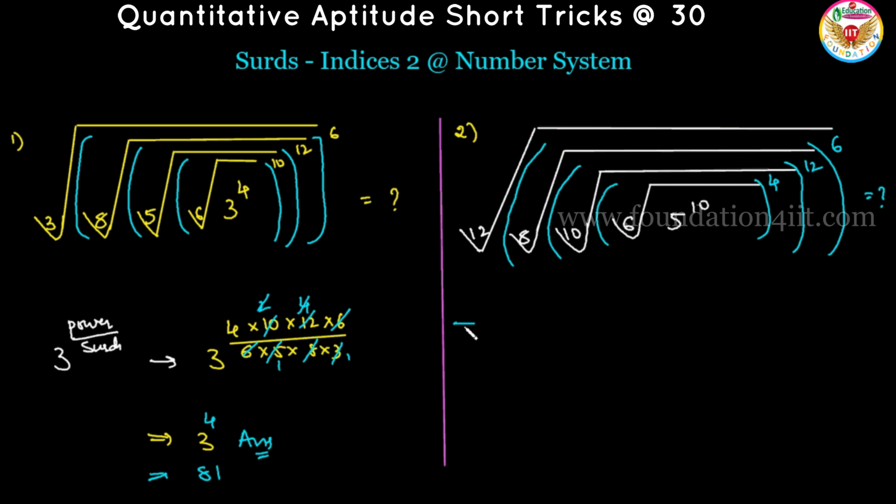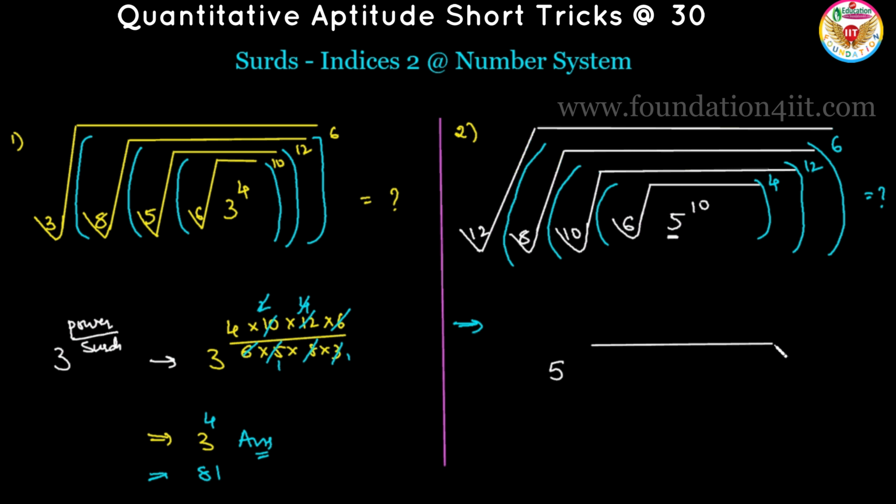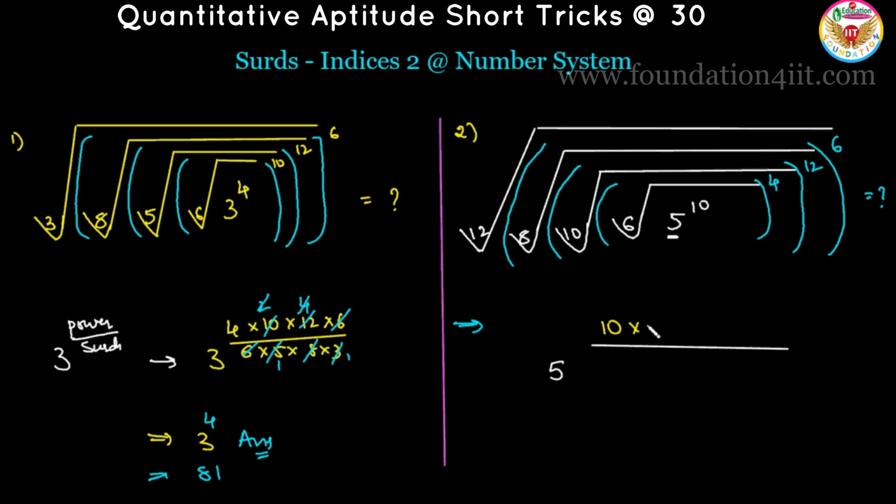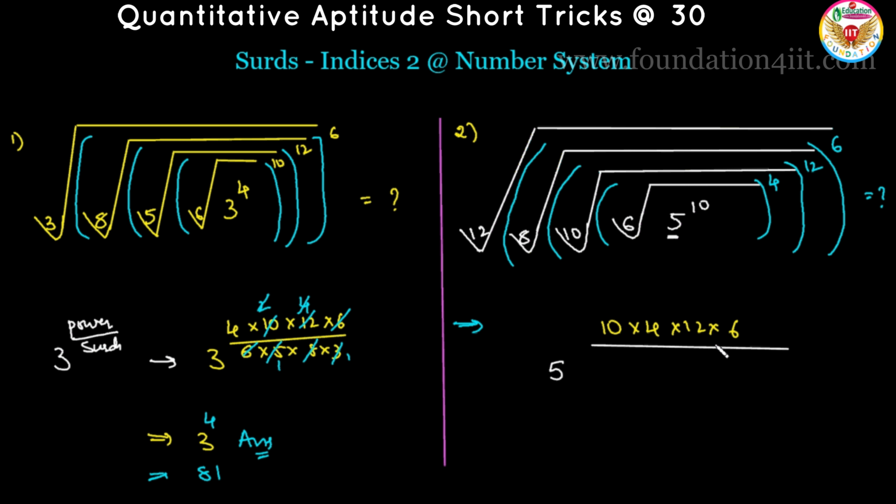The same way you can apply the same logic, the same method, for this. These are the surds 6, 10, 8, 12 and 10, 4, 12, 6 are the powers to this main base 5. Now you can take this as 5, then write all the powers in the numerator. Those powers are 10, 4, 12 and 6.